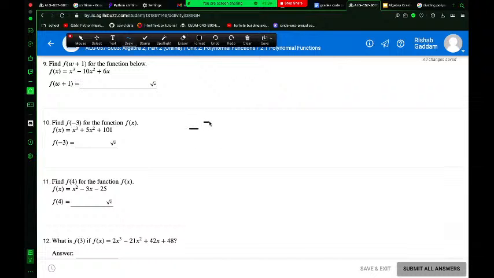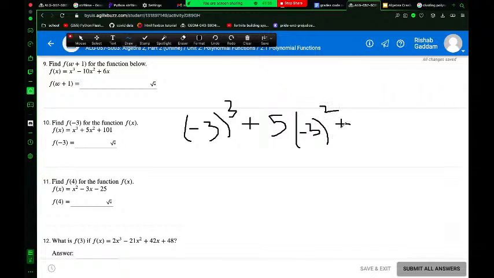So first of all, it would be f of minus 3 equals 3x exponent 3 plus 5 times negative 3 exponent 2 plus 101. Okay, now solve the expression. Okay, just wait.